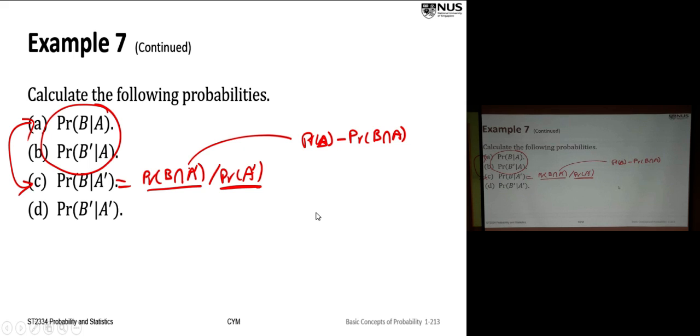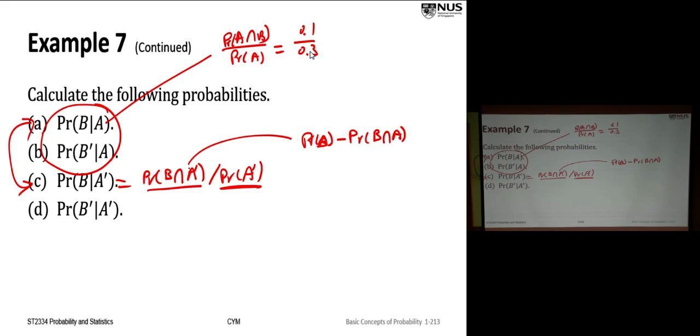What I want you to know is the relationship when you have this A complement, B complement thing; you have to be aware of that. The first one is very straightforward. It follows from the definition: probability of A intersect B divided by probability of A, which is 0.1 over 0.3.